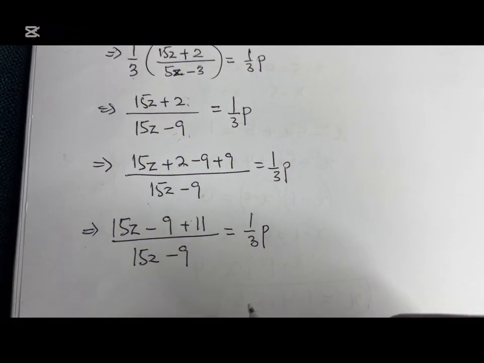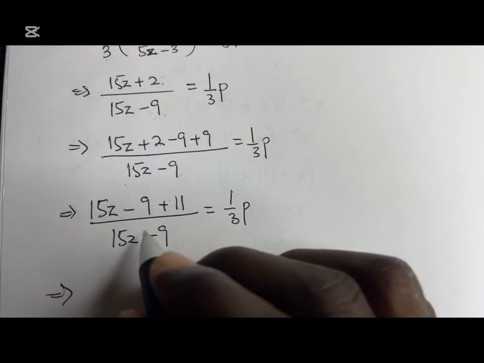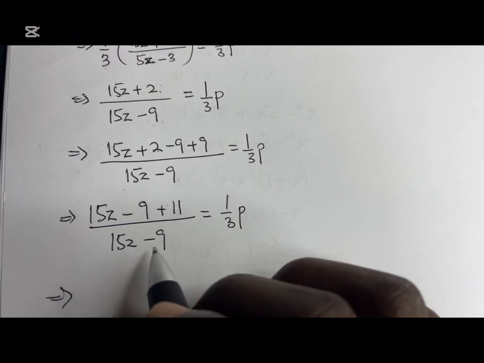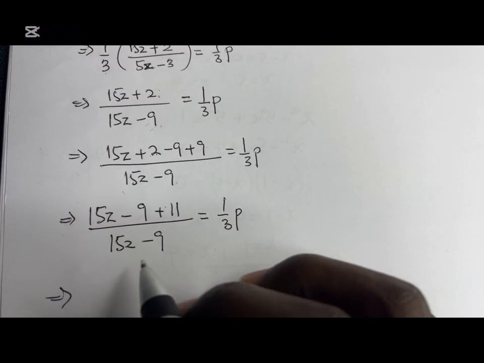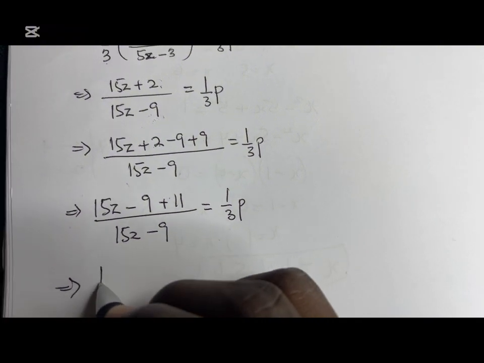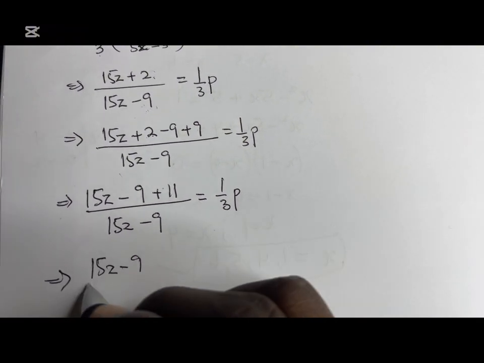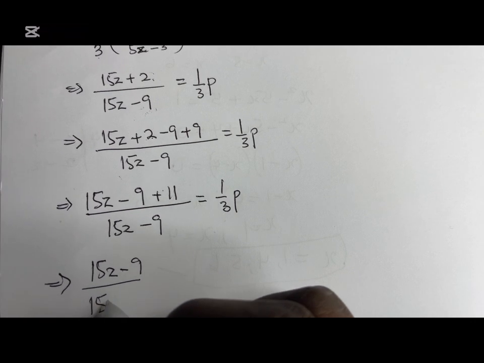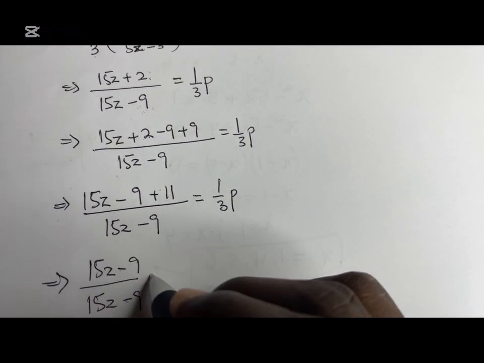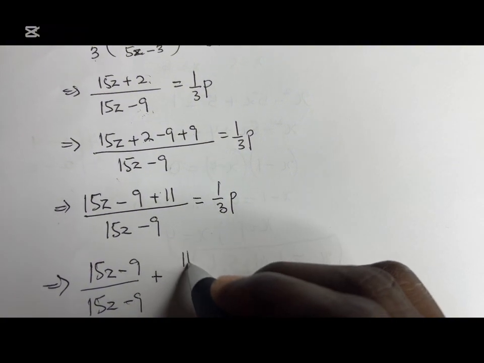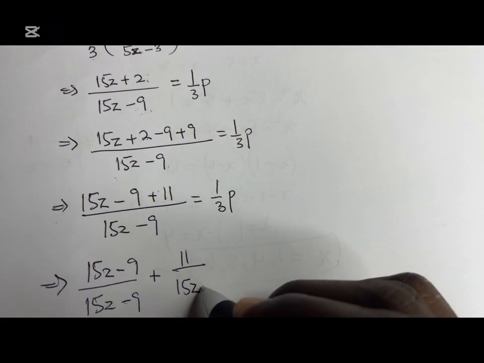Now we can separate and part the fraction, so you have something like a partial fraction. You have (15z minus 9) on (15z minus 9), then plus 11 on 15z minus 9.